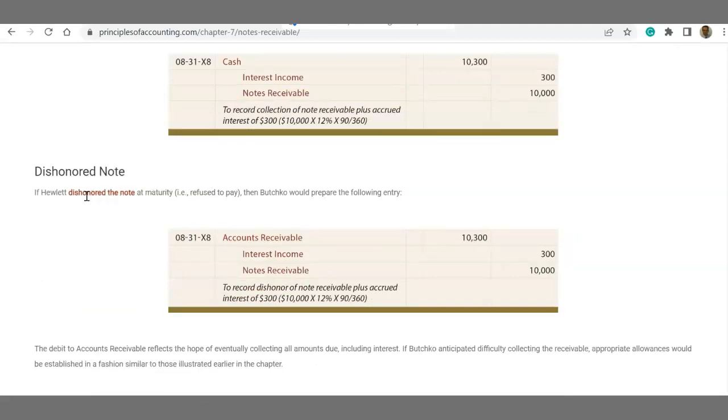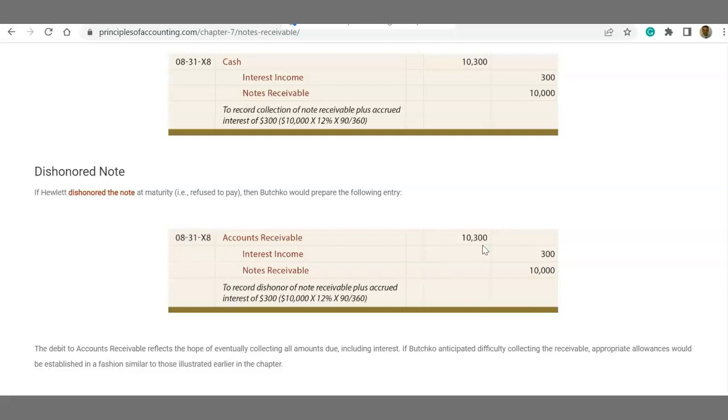If the company dishonored the note after 60 days, that is bad news, right? So in this case, you respond to the borrower that you are going to record the interest income, you are going to close the note receivable, and you are going to open an accounts receivable again, but this time it is $10,300.